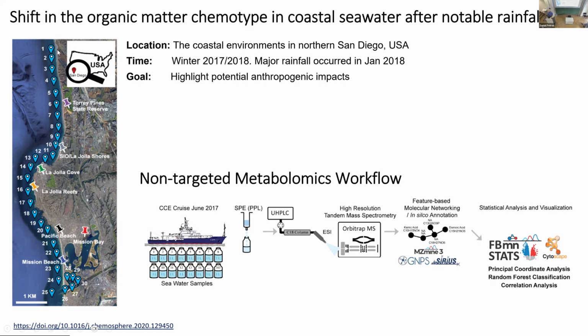Then there's also a lagoon, Los Penasquitos Lagoon, in the very north at Torrey Pines State Park, where there are also different creeks and some fresh water coming into this lagoon, and it's also draining out, especially after significant rainfall. At the time when we sampled this in winter 2017, 2018, there were one or several major rain events.